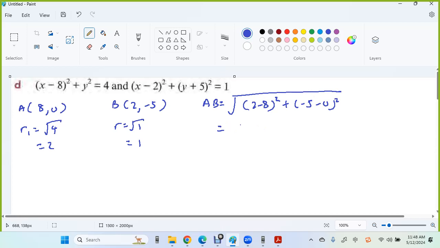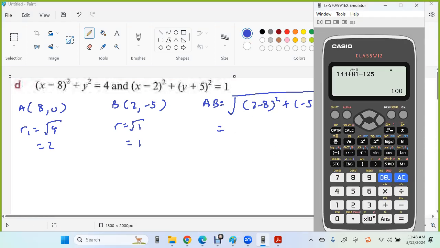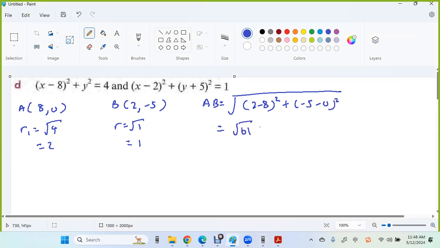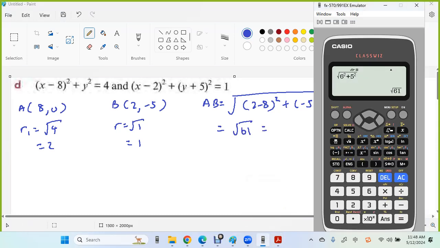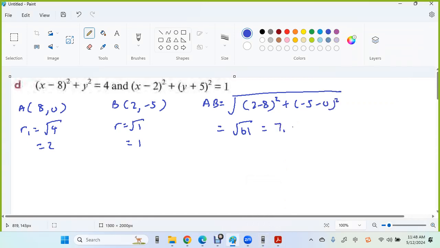So we have 6 squared plus 5 squared, so the square root of 6 squared plus 5 squared is the square root of 61, which is equal to 7.81.